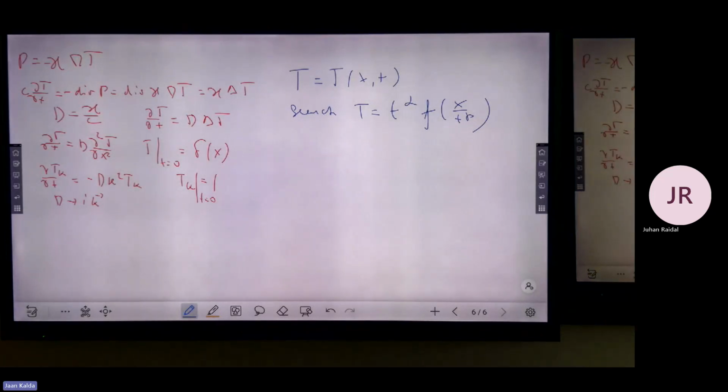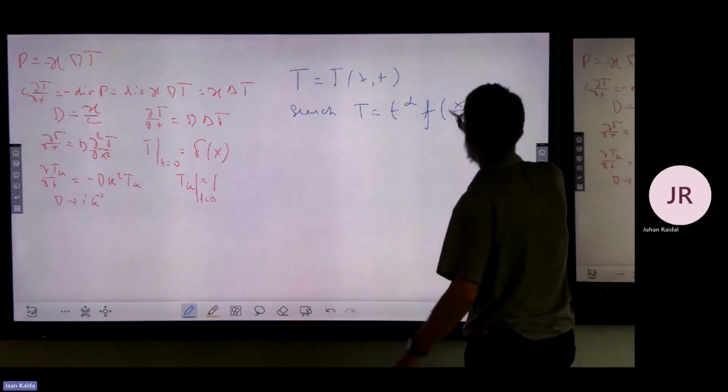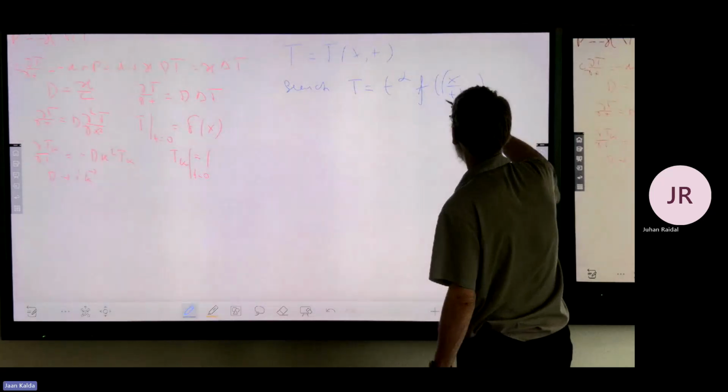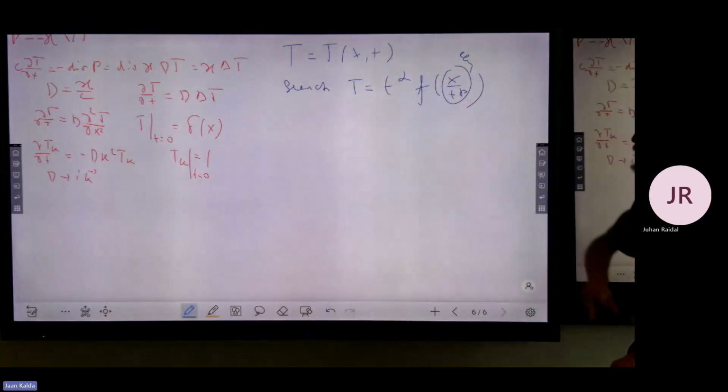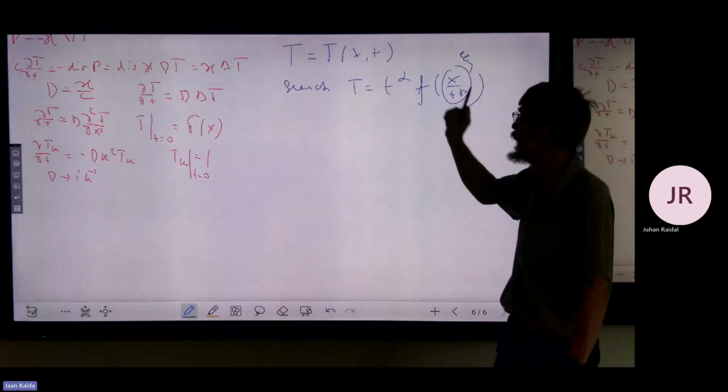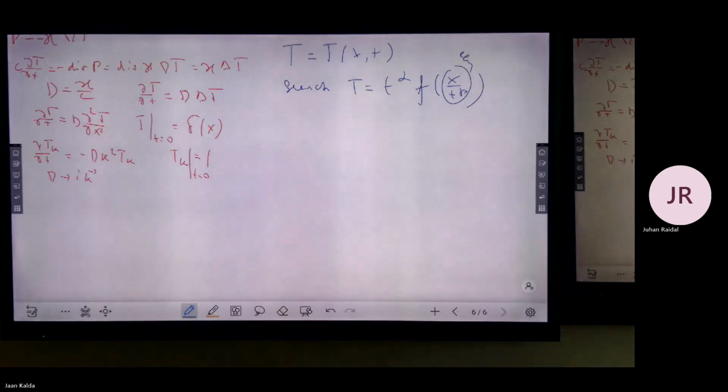We denote this argument as psi. Then we had two variables, now we have one variable, so we'll have an ordinary differential equation now. But we need to find out what alpha and beta are.